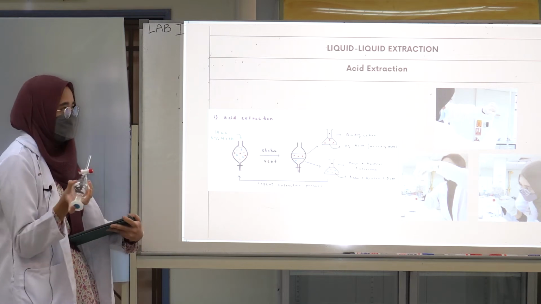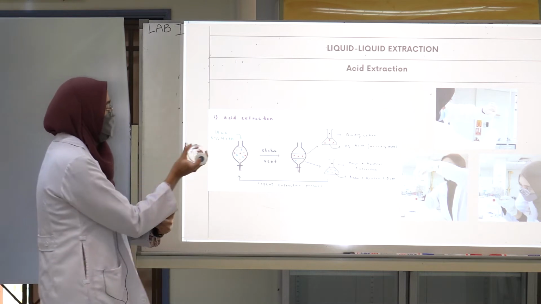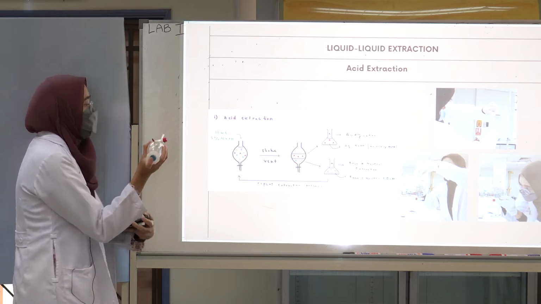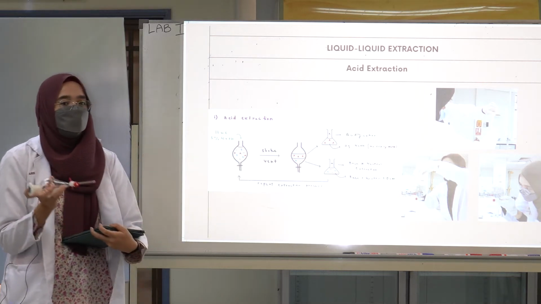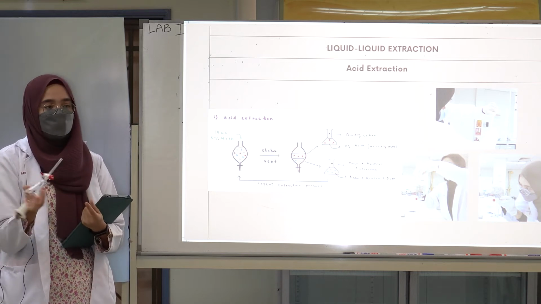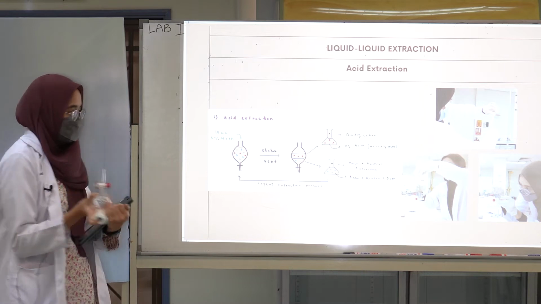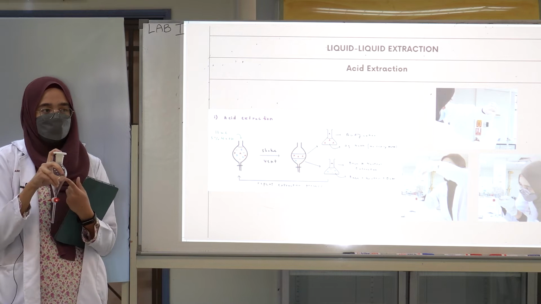This is to let the chemical compounds react with each other. Because we want to extract acid, we let the acid react with the aqueous base inside the solution. You shake vigorously and vent the pressure inside, about 3 times, until you see 2 layers form inside the separating funnel.